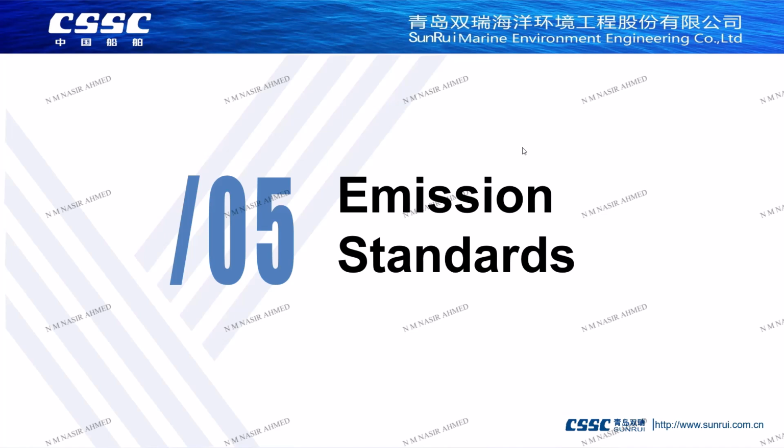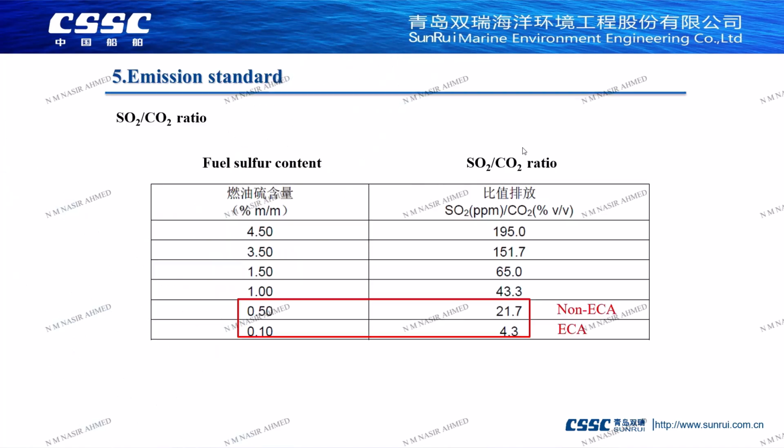Next we talk about emission standards. The main emissions consist of 2 parts. One is the emission of smoke and the other is the emission of water. For flue gas emissions, the first is the ratio of sulfur dioxide to carbon dioxide.